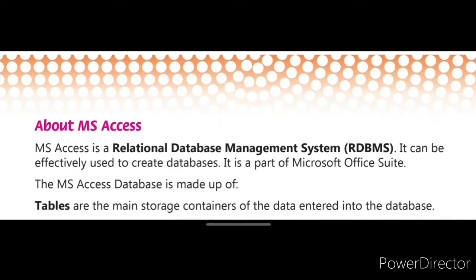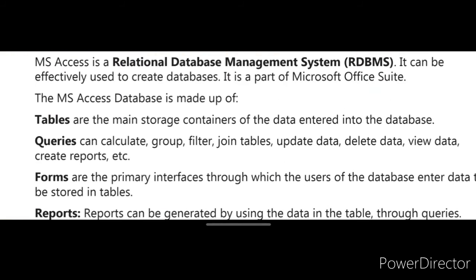Next we'll be seeing about MS Access. So what is MS Access? Just now I have told you MS Access is a relational database management system. It can be effectively used to create databases. It is a part of the Microsoft Office suite. I told you this already, right?